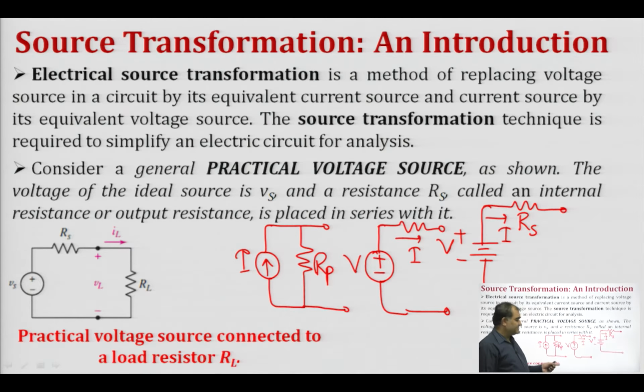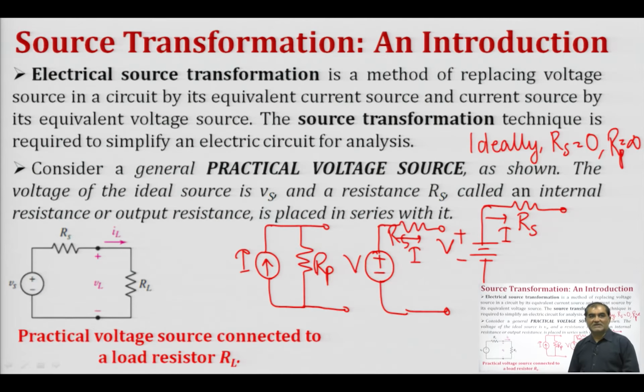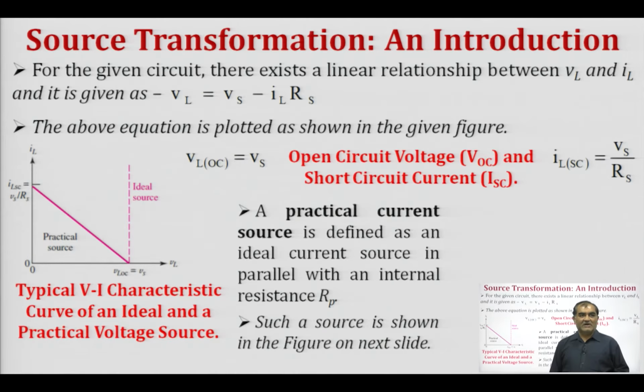These are the two representations for the practical voltage source and practical current source. This is our series resistance R s, and in case of the current source, this is our parallel resistance R p. Ideally, for an ideal voltage source, the value of R s will be 0 and the value of R p must be infinite. Ideally, the voltage source has 0 internal resistance and a current source has infinite internal resistance.